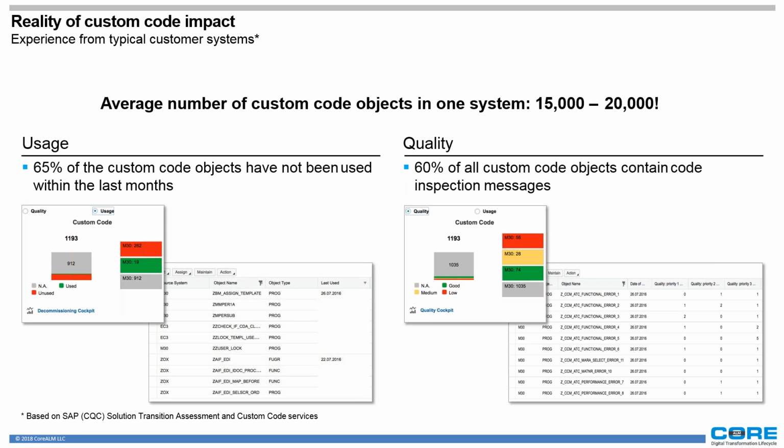Looking at some of the analysis and studies that SAP has done, on average between 15 and 20,000 objects are modified or custom in customer environments. 65% of the custom code objects have not been used in the last few months, and 60% of all custom code objects contain code inspection messages.